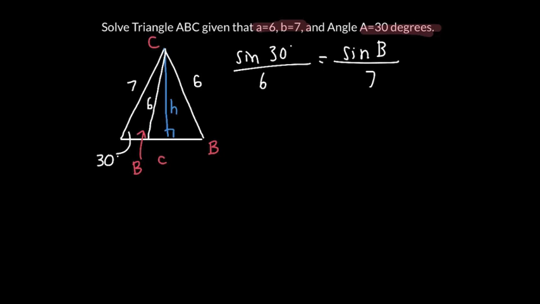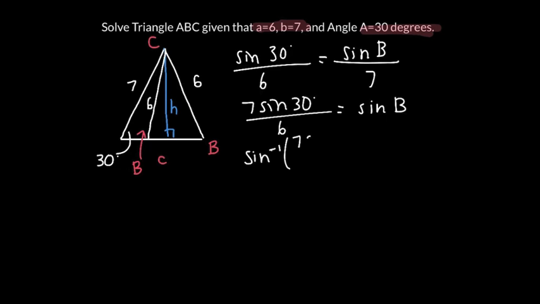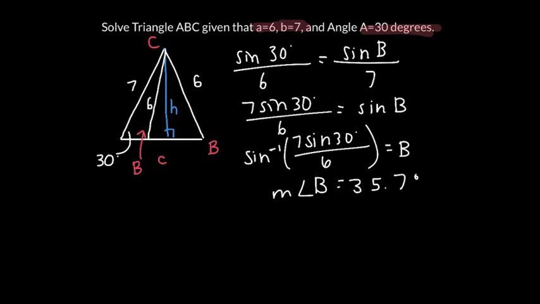Then we solve the equation for B. So multiply both sides by 7, and then use the inverse sine function to find B. So inverse sine of 7 sine 30 over 6 equals B. And evaluate. You should get that the measure of angle B is 35.7 degrees.